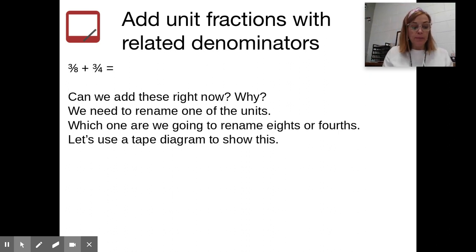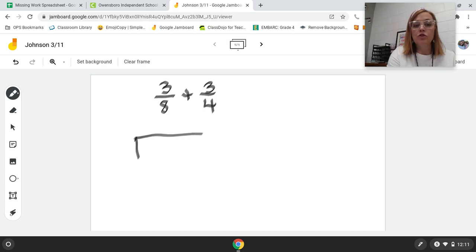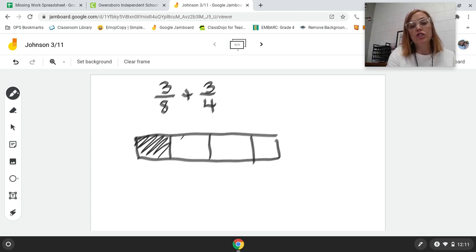And let's use a tape diagram. So that's going to be the visual model we use for this one. So 3/8 plus 3/4. Hopefully you have your whiteboard or your math journal. And if I'm going to draw 4ths, I know that I would need 4 boxes, and for 3/4, 3 would be shaded, right?